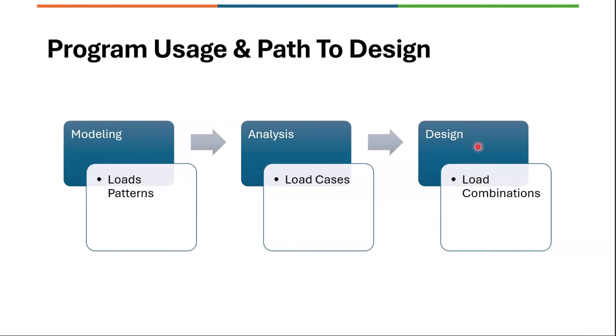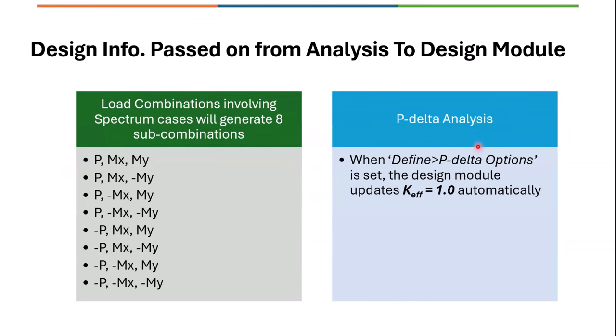So the design module is a post-processing thing and will recognize all such information, which I will show in the next slide for the design. So these two pieces of information will be passed on from the analysis to the design module.